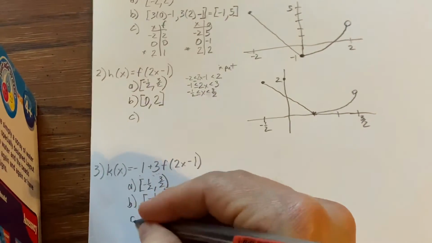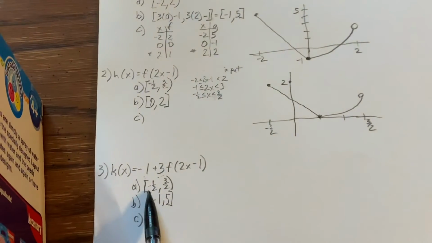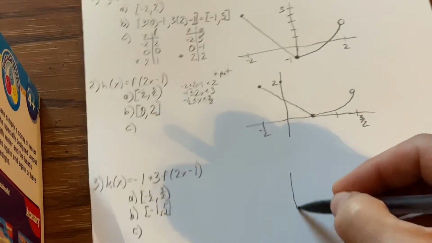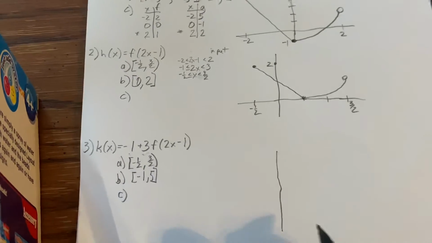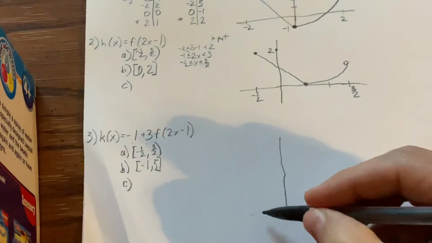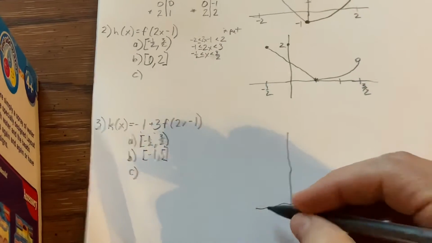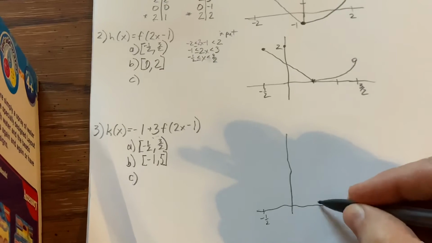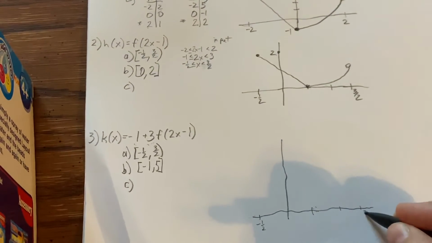What about part C? Well, we're going to have to put all of these things together. So you know from the domain and the range that essentially what we've got to do now is make something that, oops, lines are getting a little messy, goes from -1/2 up to 3/2.